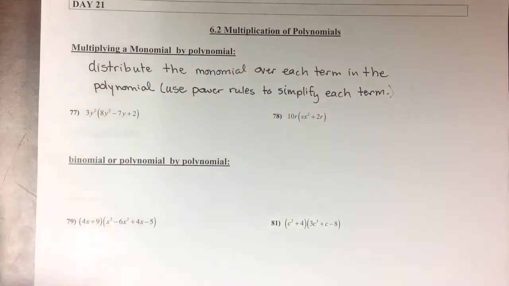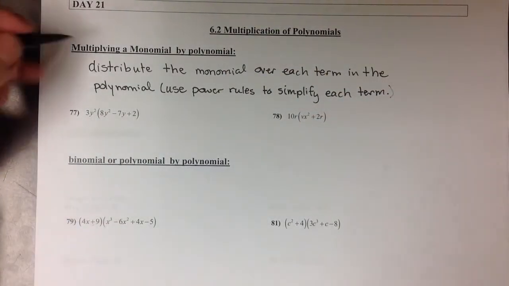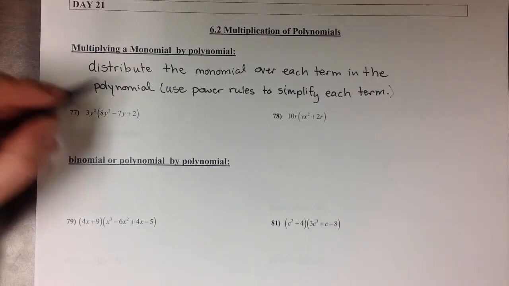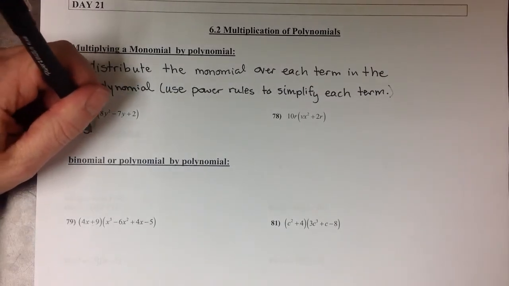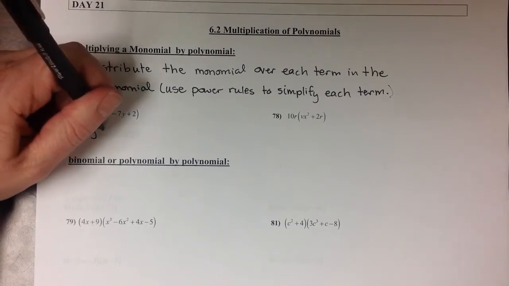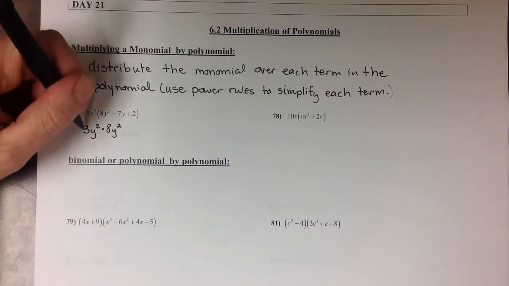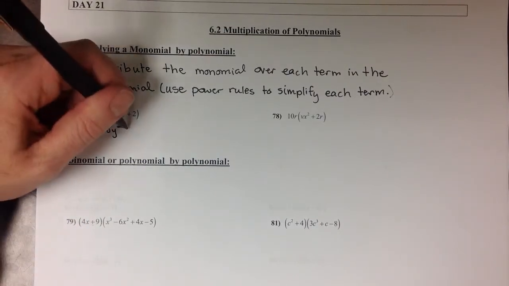Okay. So, with our first example, we're distributing a 3y squared to the 8y squared. So I'm going to do this first one, writing out each of the steps. So there's 3y squared times 8y squared.